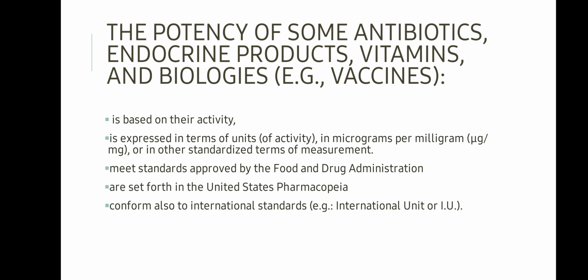It is based on the activity expressed in terms of units. Units natin, yung makikita na yung 100 units per ml, or it can be in microgram per milligram, or in other standardized terms of measurement.